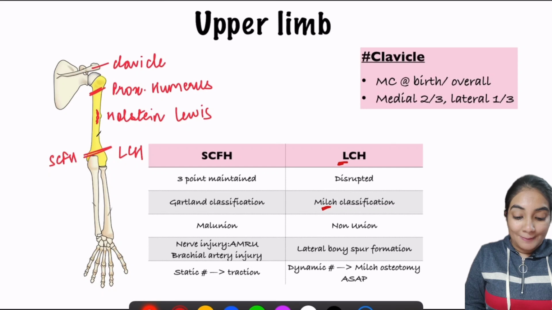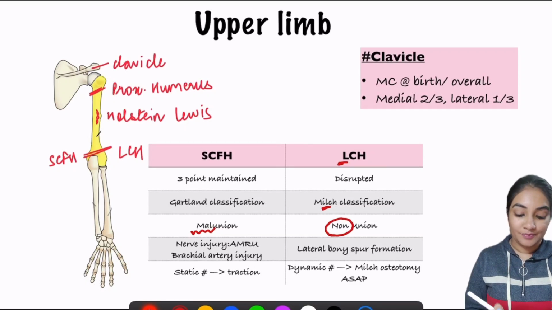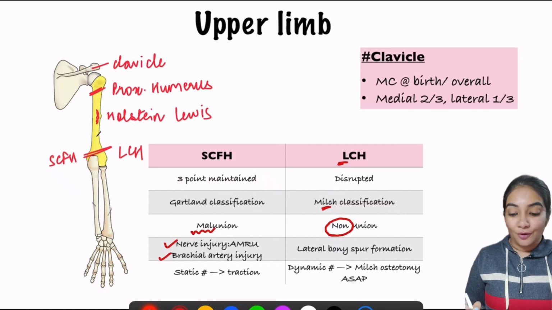SCFH undergoes malunion, whereas LCH undergoes non-union. Important, frequently tested. Other complications can be nerve injury and brachial artery injury here, but the most common complication of lateral condylar fracture is lateral bony spur formation.